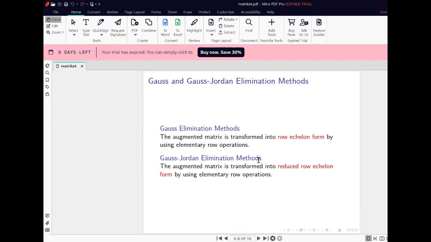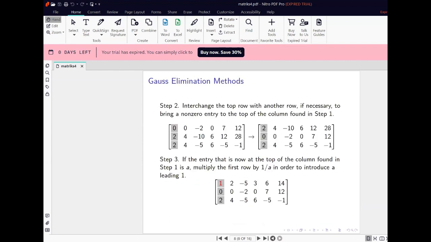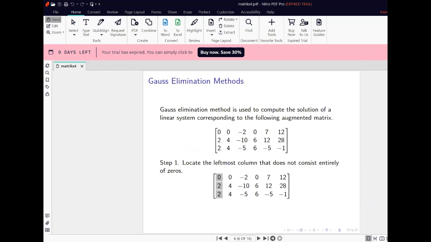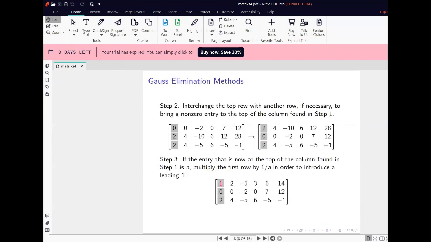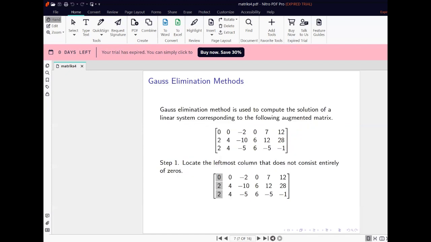We see the next example, which is more complex than the previous example. You see the following augmented matrix. How many variables are there in this augmented matrix?